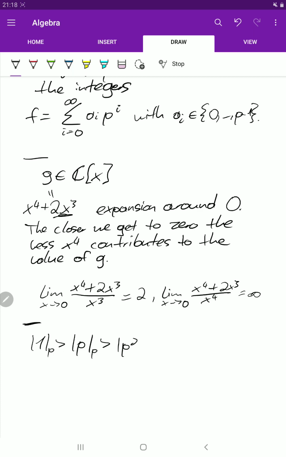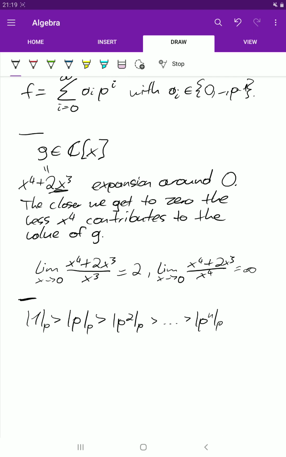It's larger than p squared, and so on, larger than, let's say, p to the n. And I write some absolute value p just to denote we want some absolute value, and we want that p is larger than p squared with this absolute value. Okay, that's what we want.